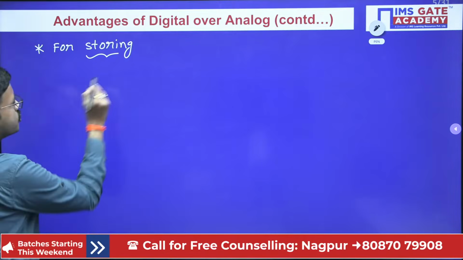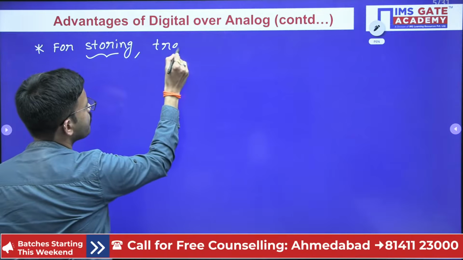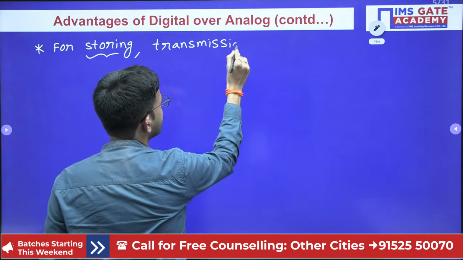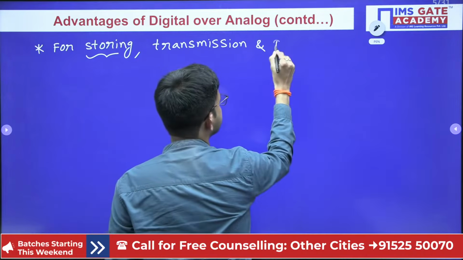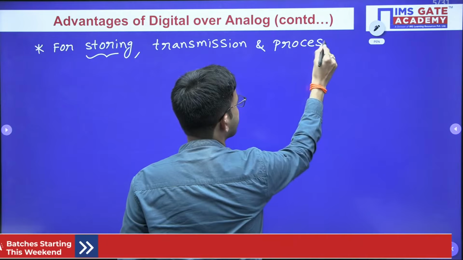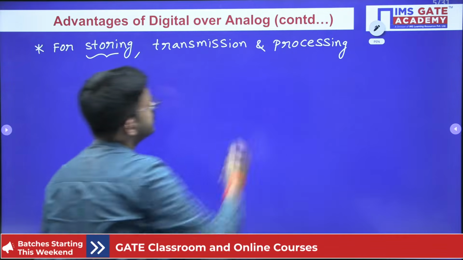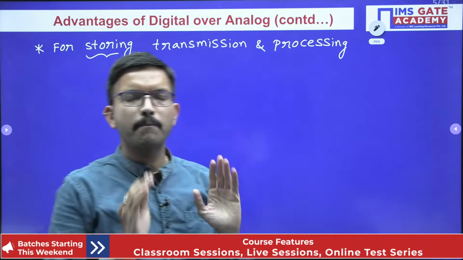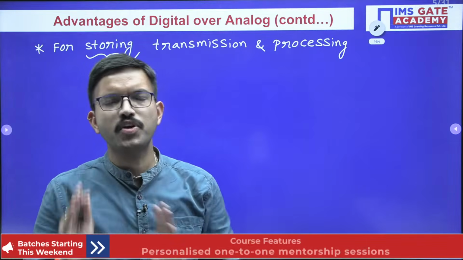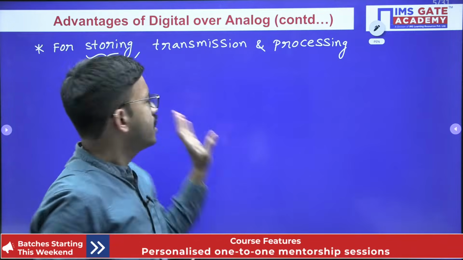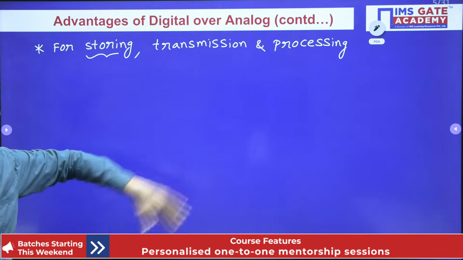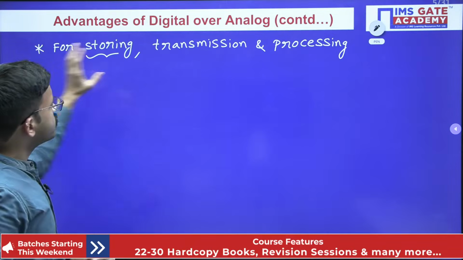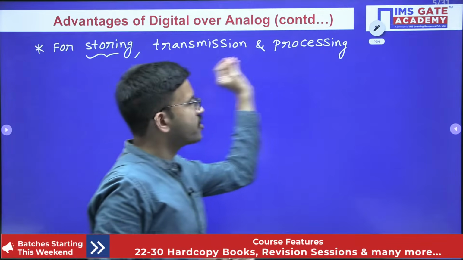So for storing, transmission and processing, in all these applications, wherever analog has any ambiguity or errors, you can convert analog into digital so that there won't be any ambiguities. You can easily store, transmit and process the information.